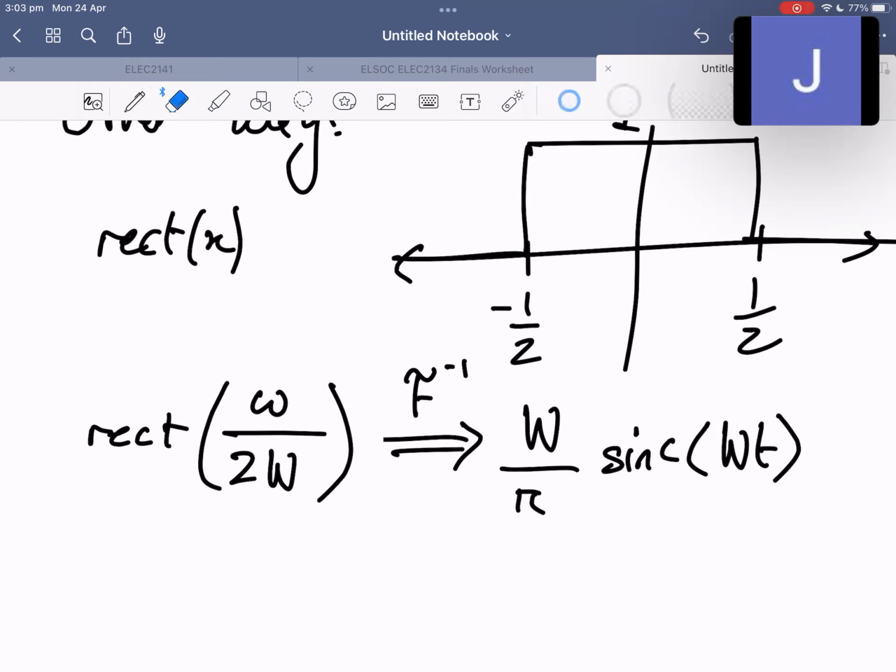Maybe I shouldn't write w because it's pretty similar to omega. So if you want, I can just write x. Cool. So that's a Fourier transform pair that I looked at.